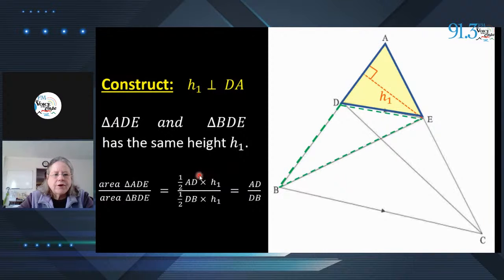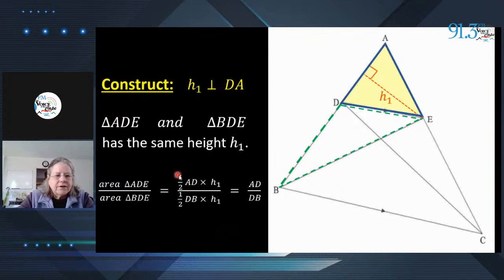So that is what I've got here. It translates into a half times AD times the perpendicular height. And the area of BDE is a half times its base, which is DB, times its perpendicular height, which is over there.